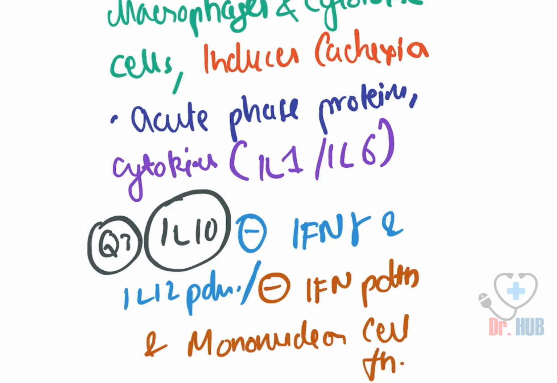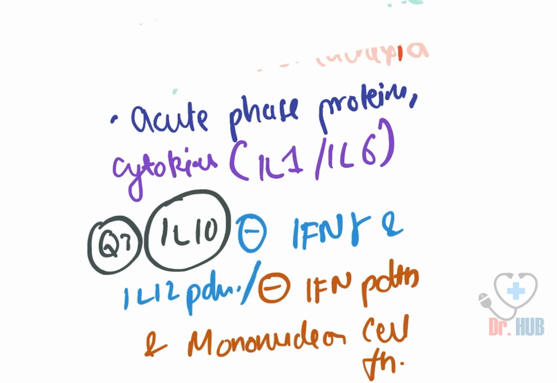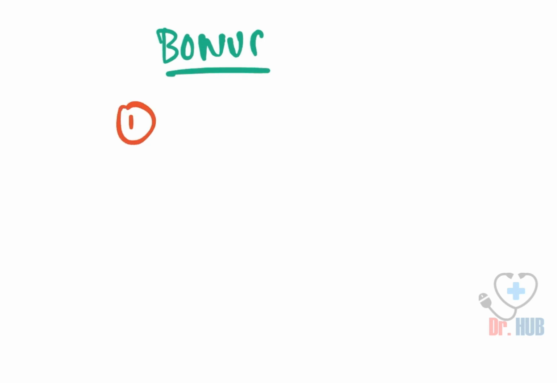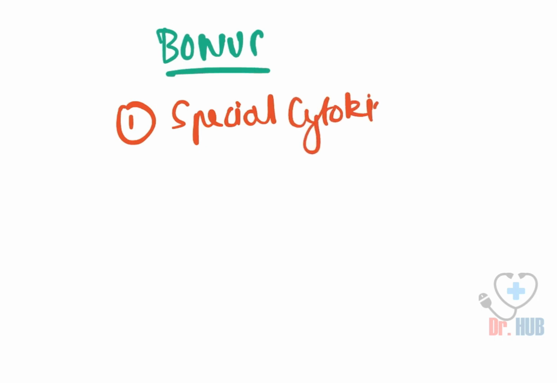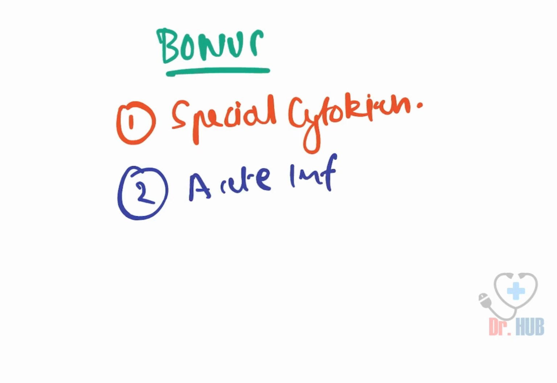Now we move on to our bonus questions. These bonus questions can be answered in the comment section. The first one is, name some special cytokines. Second question, name some acute inflammatory cytokines.